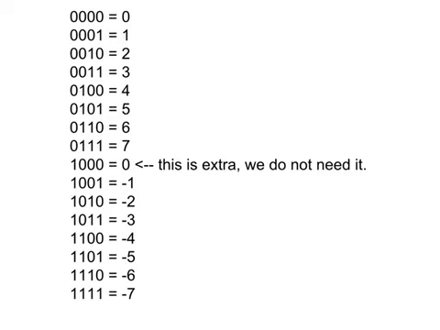If we choose to not use 0 twice, then that frees up an extra value that we can use. We could set this extra value to anything we want. If we wanted to, we could set it to negative 8, and then our method would make it possible to show all the numbers from negative 8 through positive 7.